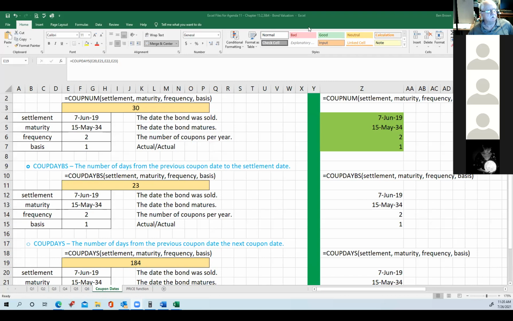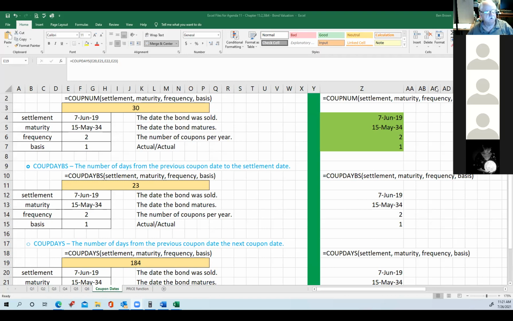So are you looking at my coupon spreadsheet? Can anybody see the coupon spreadsheet? Yes, sir.